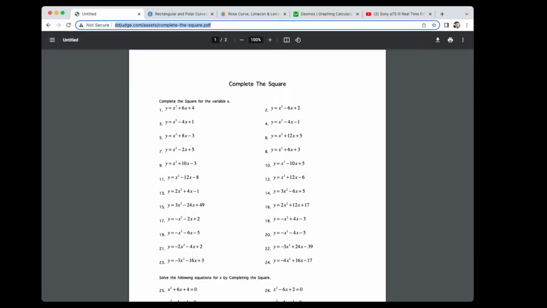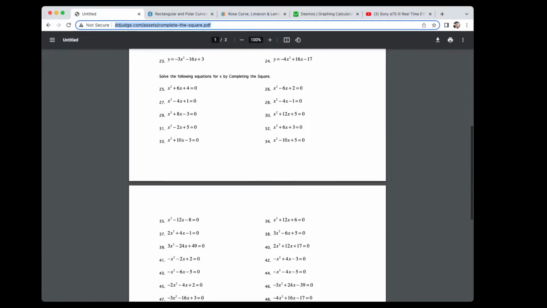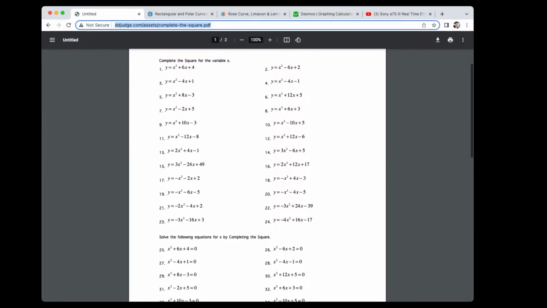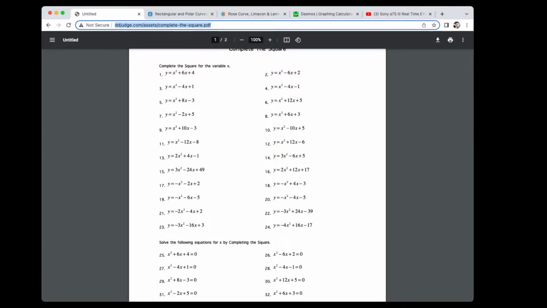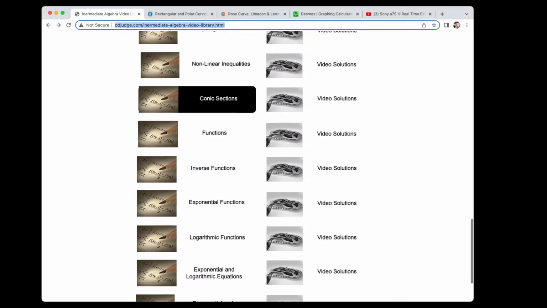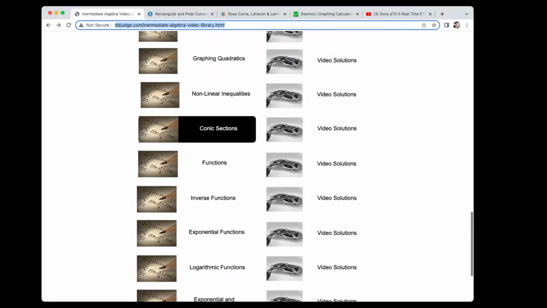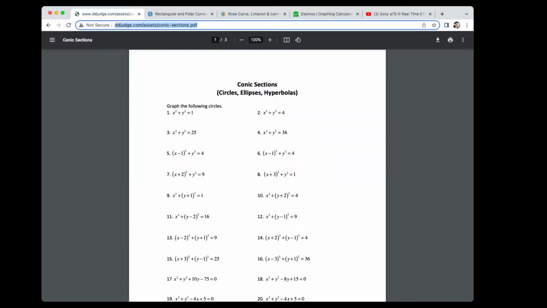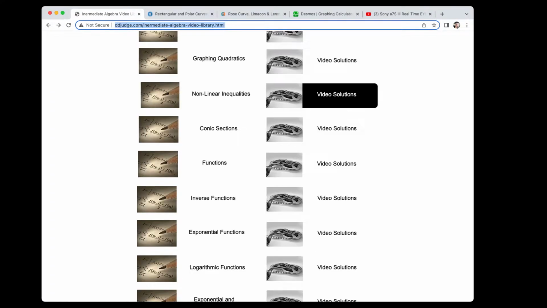Complete the square. And I demonstrate to people how to complete the square here. And even in conic sections, you do it here too. In some of these, of course, you have a video as well. So I do have some resources where you guys can actually do those things. You got the video solutions here for every one of those.